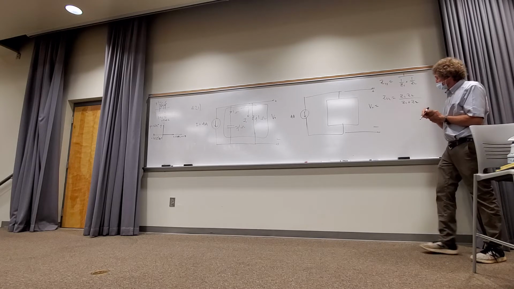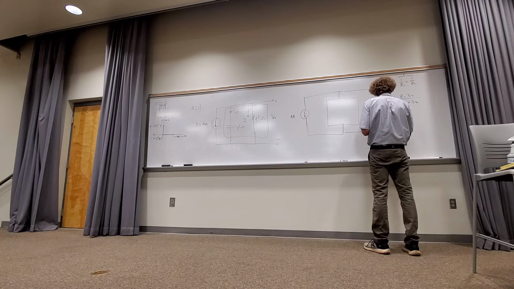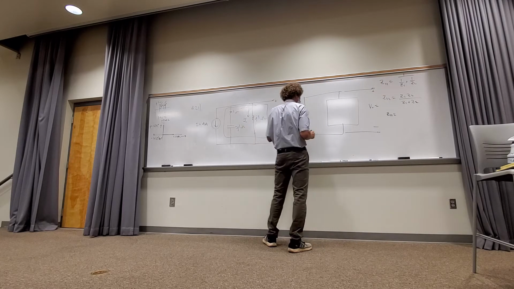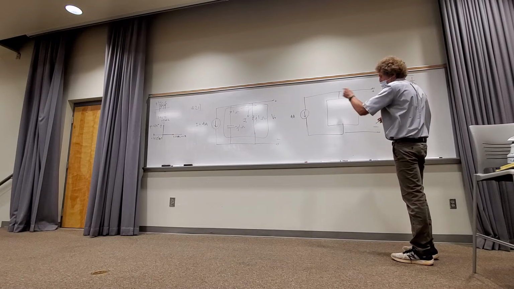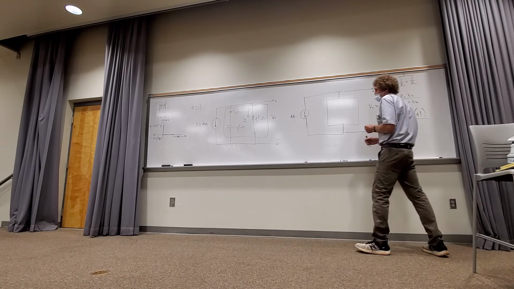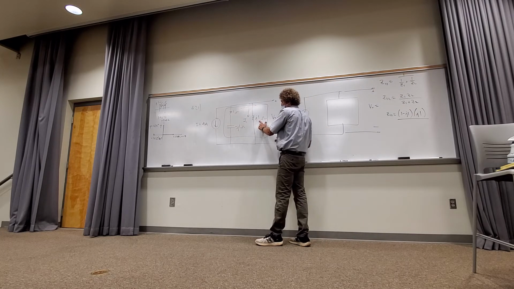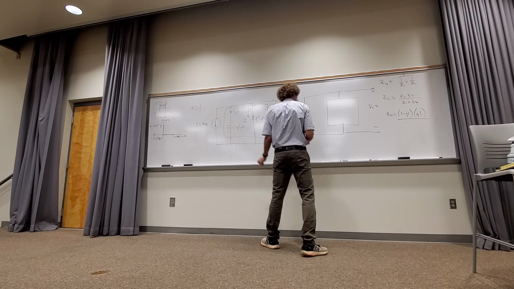I'm going to say this equivalent impedance here is going to be this, times J1, over this plus this. Do you see how, when I add them together, the minus J1 and plus J1 cancel and I'm left with just 1?